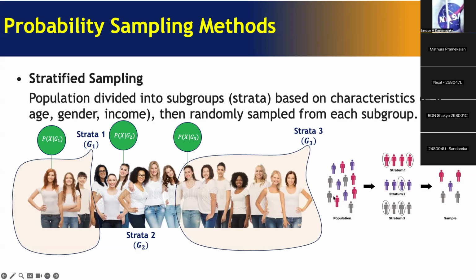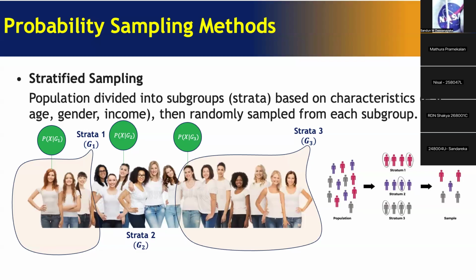So that's probability, because you have 4 here, 4 here, and 4 here, but you only sample some. You randomly sample from each subgroup. You can be more systematic as well. You can sample from each subgroup, say 2 from each category. So that is stratified sample.